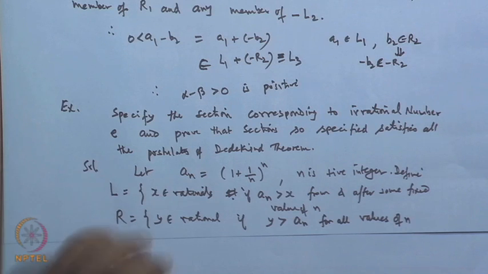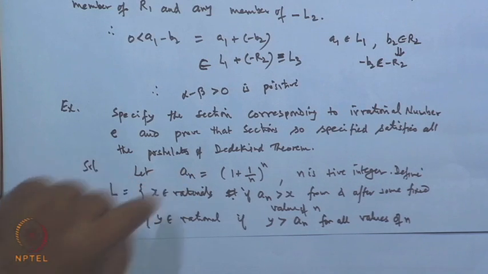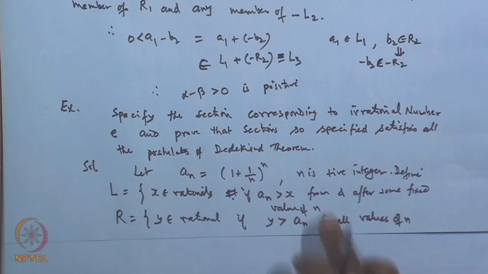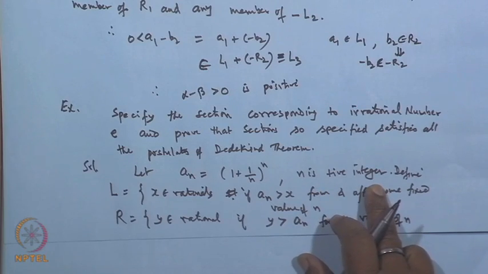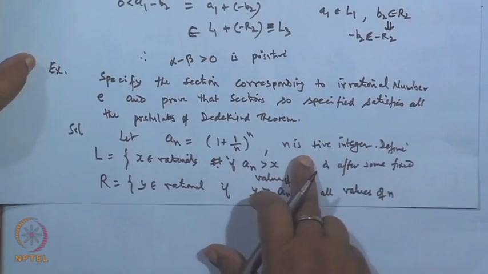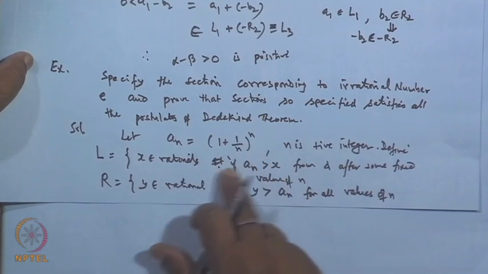So, there must be at least one element available in R from a n, as well as some element of a 1, a n must be in R. Now, if we look at what n is, n is a positive integer. If I take n any positive integer, this sum will always be greater than 1.